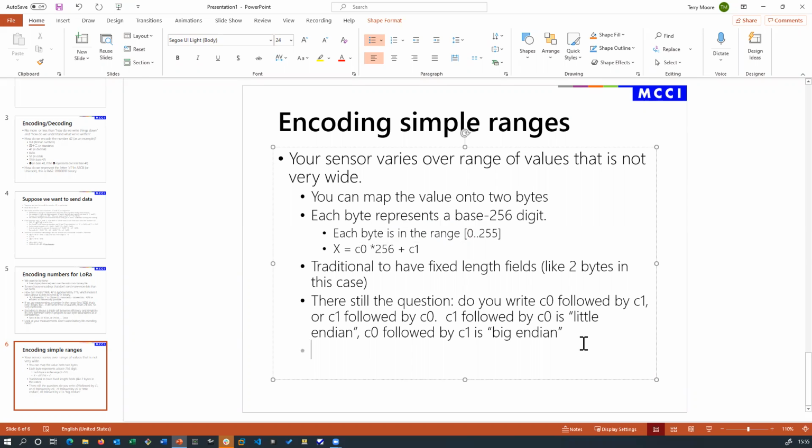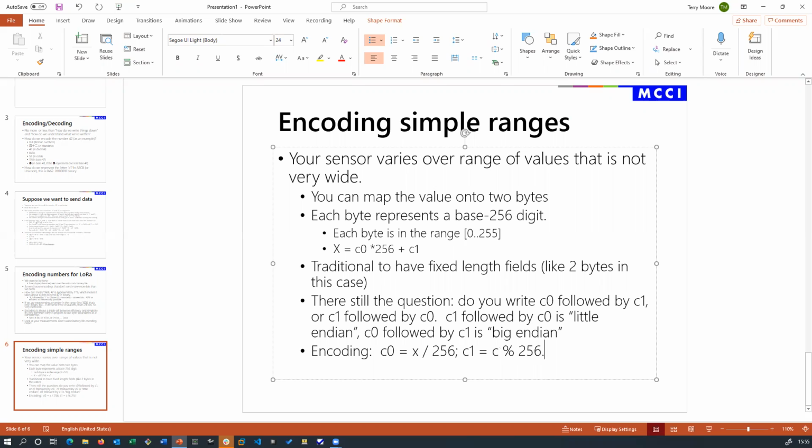So if this is how we're going to decode, to encode: C0 equals X divided by 256, and C1 equals X modulo 256.